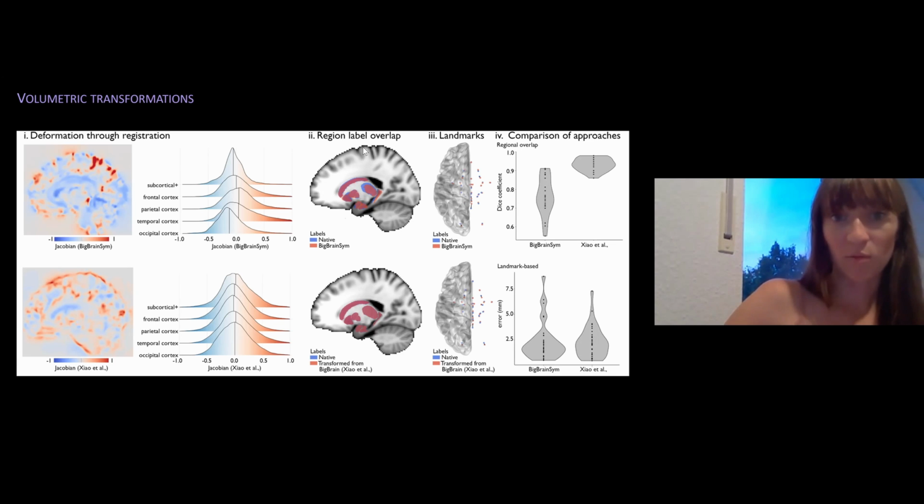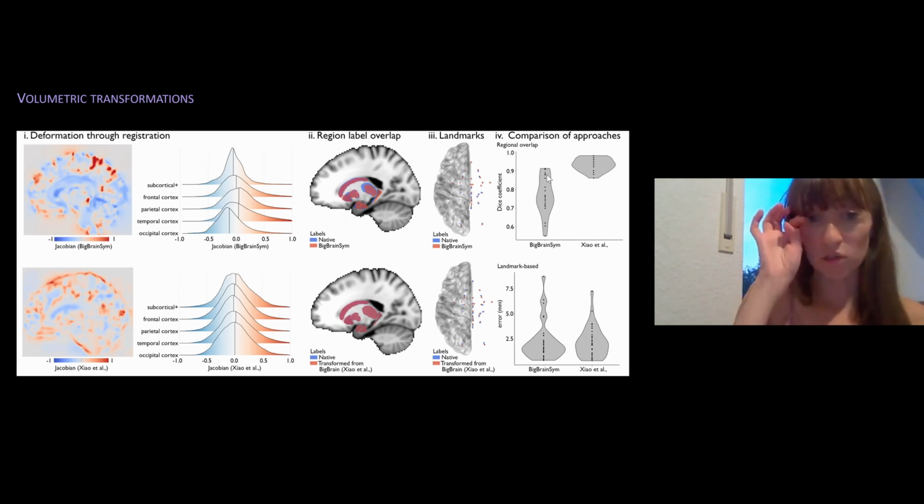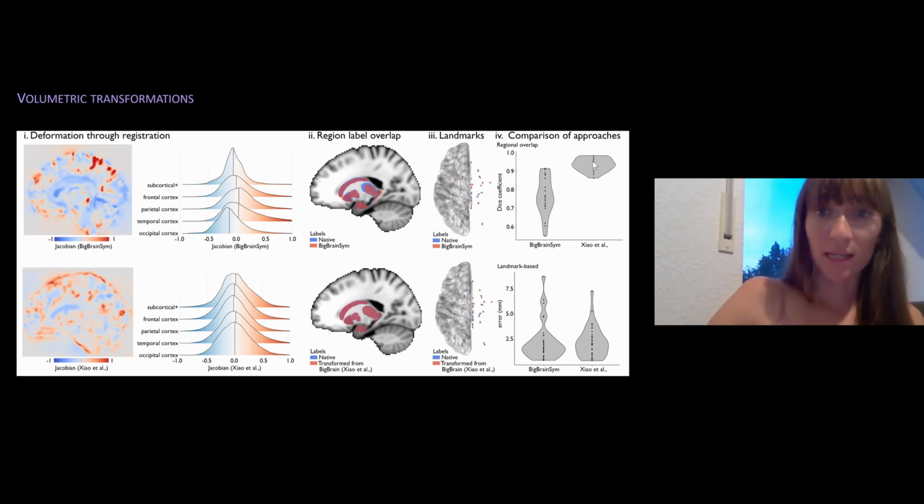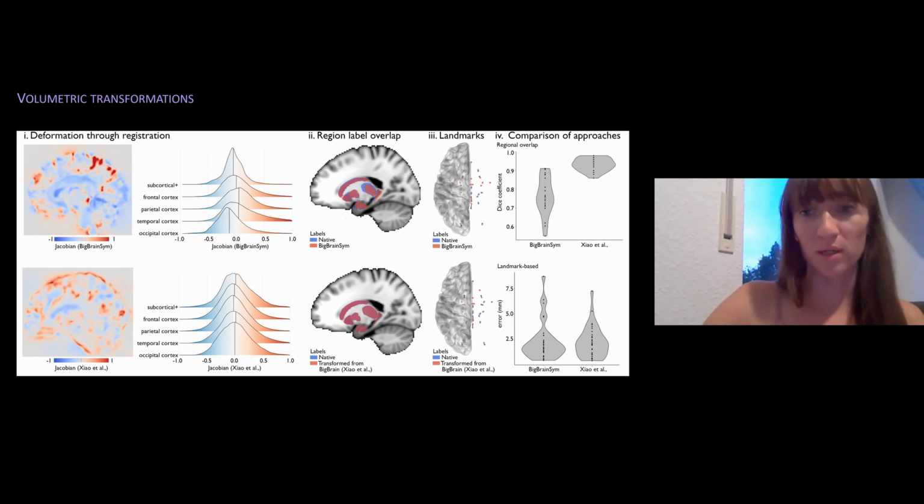So here you can see it with BigBrain Sim, and here's with this optimized approach by Zhao et al. And you can use the Dice coefficient to look at the regional overlap. And here is really where there's a big improvement of the Zhao et al. procedure. It actually uses shape priors of these subcortical regions as well. So you can see it's really boosted in that respect. And that's something important to keep in mind depending on what type of analysis you're doing as well.